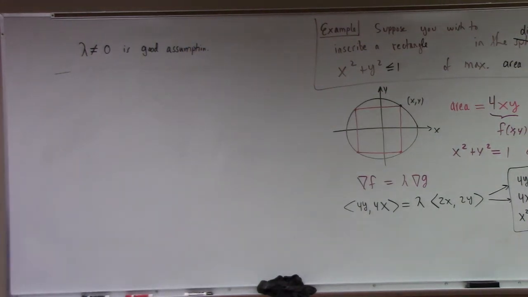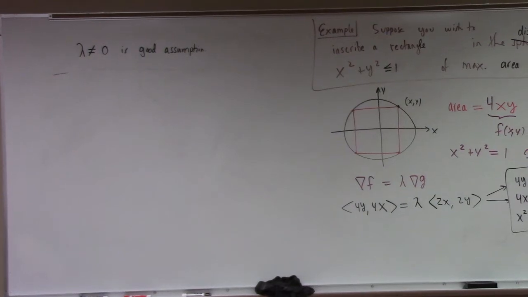If lambda is equal to 0, that means that the gradient of f is 0, which means this whole discussion breaks down anyway. And pragmatically, we'll pick up on those kinds of points when looking for local mins and maxes, by the way, guys. Those are going to be where the gradient of f is equal to 0.